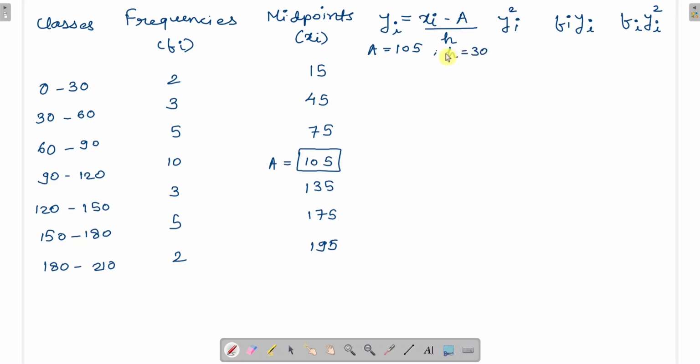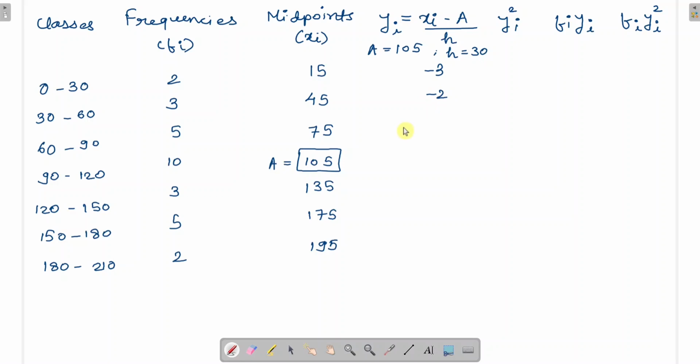Now 15 minus A divided by H. So 15 minus 105 divided by 30, that will be minus 90 divided by 30, which is minus 3. Then 45 minus 105 divided by 30, that will be minus 60 divided by 30, that is minus 2.